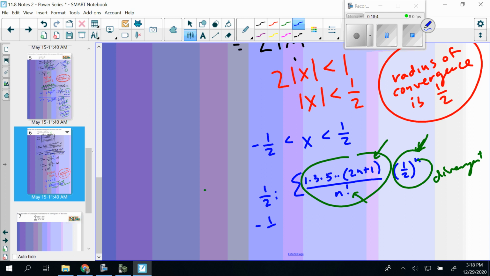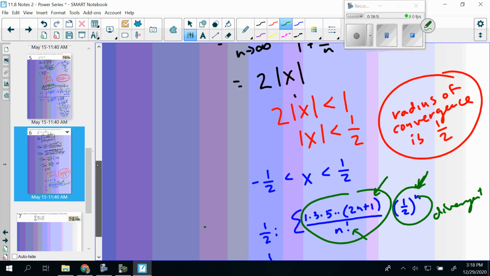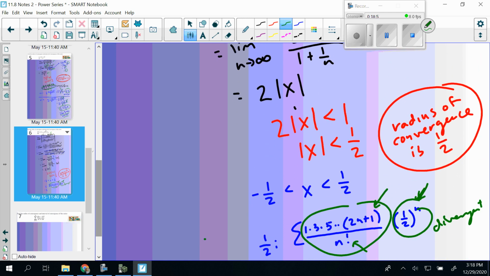If we put that in there, that alternating series will also end up being divergent. So we would not include either of those two endpoints. That would be the interval of convergence here.